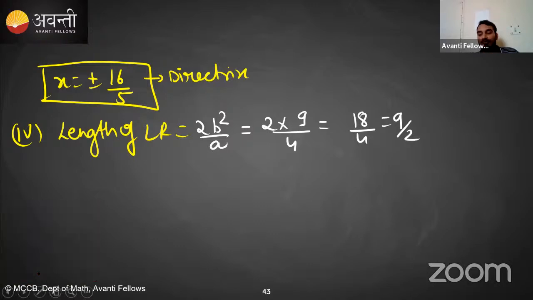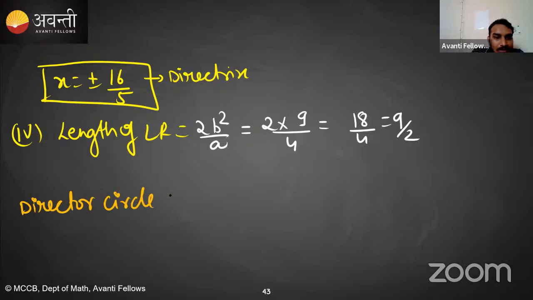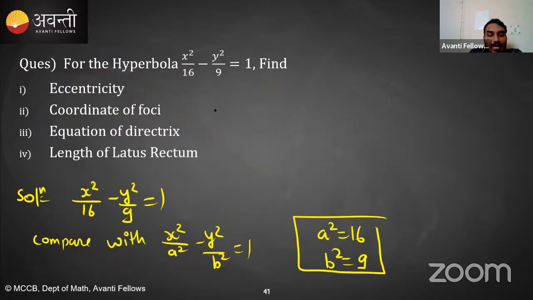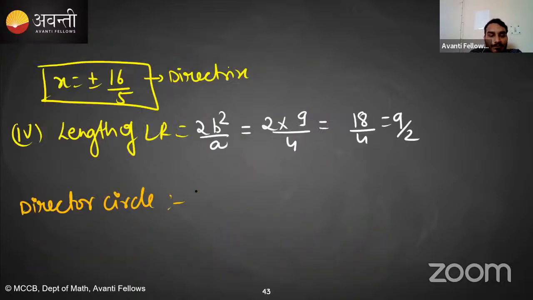Okay, चलो ये तो हो गया. If I ask you, students, the director circle of this hyperbola, क्या बताओगे? Director circle is x square plus y square is equal to a square minus b square, right?